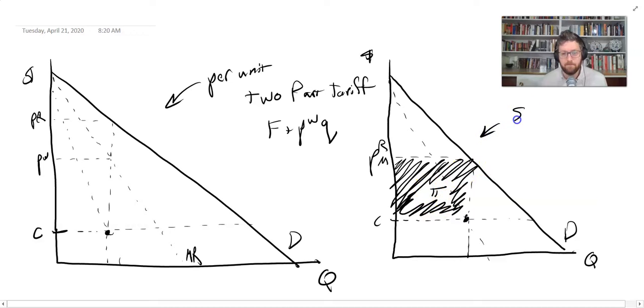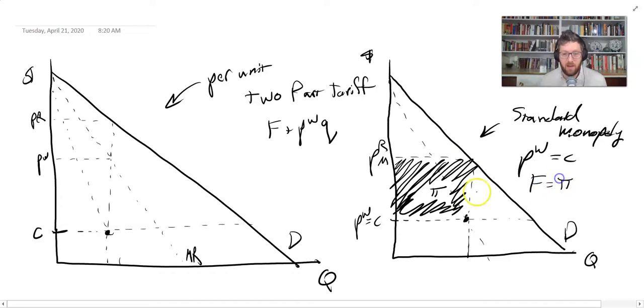So the idea with a two-part tariff is that we're going to set our wholesale price equal to marginal cost. That's going to induce this guy to set his retail price using the standard monopoly. It's as if he's a vertically integrated firm, but then we're going to set F equal to his profits.